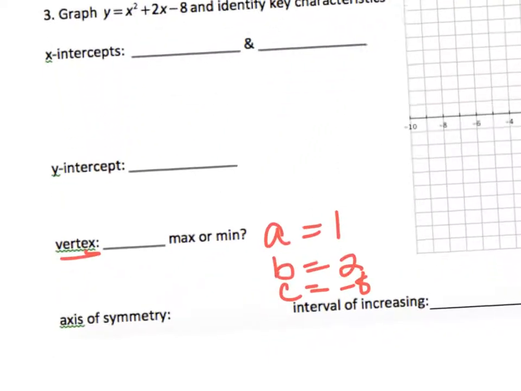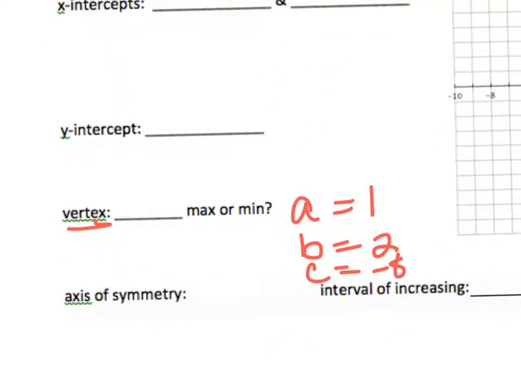So if I'm finding the vertex, it's going to be the opposite of b, so this is going to be negative 2 over 2 times a. So this is going to equal negative 2 over 2, which equals negative 1. Now to find the y-coordinate, you're going to plug that back into the equation.